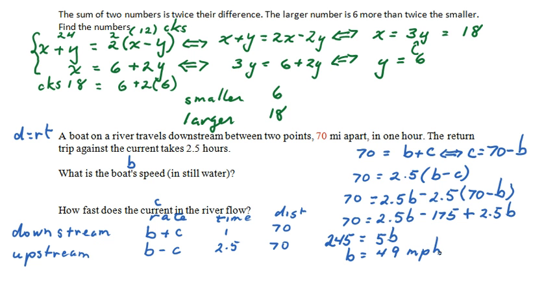That's the speed of the boat. The current is going to be 70 minus b, which is 21 miles per hour. So the current, 21 miles per hour.